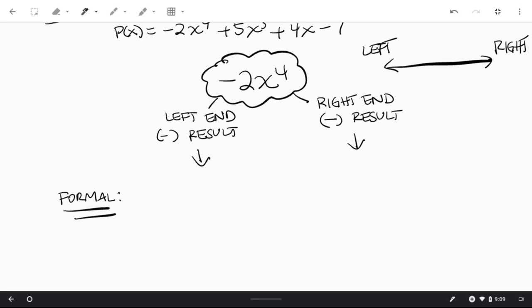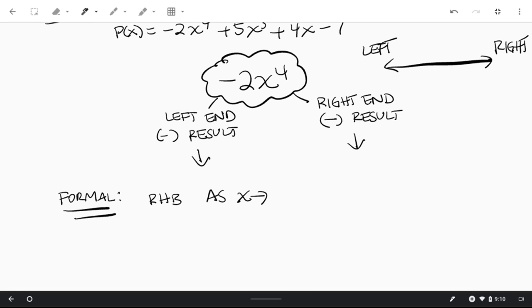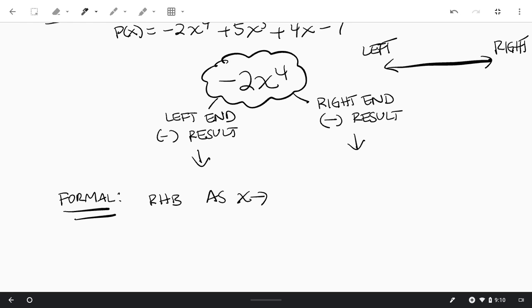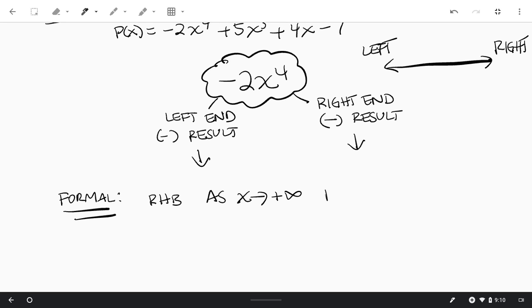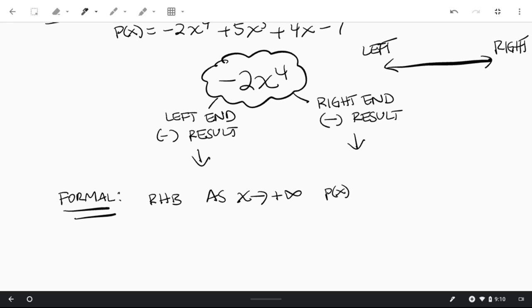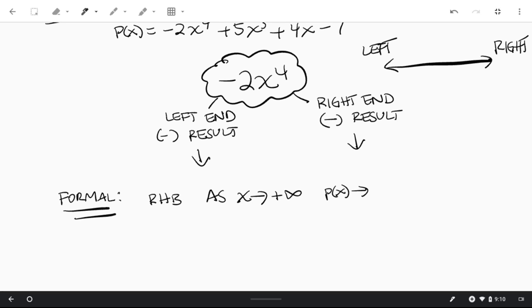For the right-hand behavior, our HB, what we say is as our x values go towards positive infinity, then our y values, or our polynomial p of x, becomes negative, or goes towards negative infinity.